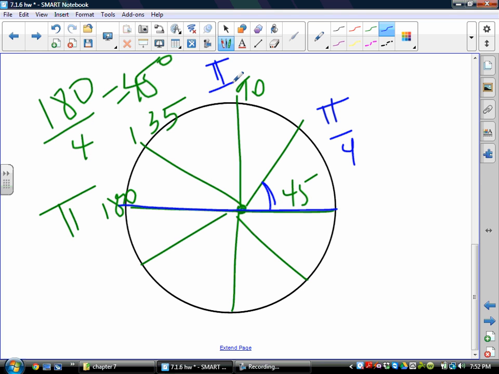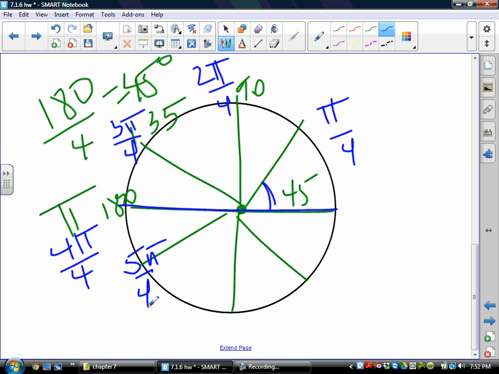Then 2 pi over 4, 3 pi over 4, 4 pi over 4, which again I know simplifies, 5 pi over 4, 6 pi over 4, 7 pi over 4, and last this would be 8 pi over 4, which is 2 pi. So we know those for sure. We can label these angles, they're going by 45s every time, so that should help you fill in your table.